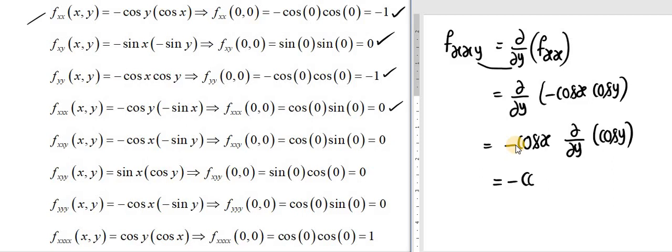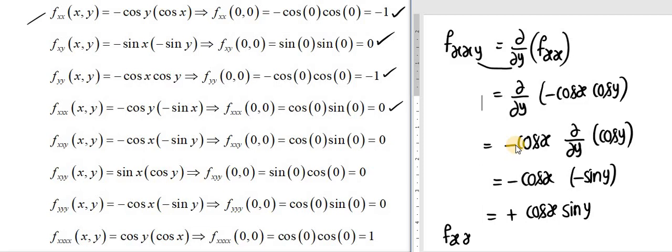We know the differentiation of cos y is minus sin y. Minus into minus is plus, cos x into sin y. So f double xy value is cos x into sin y.